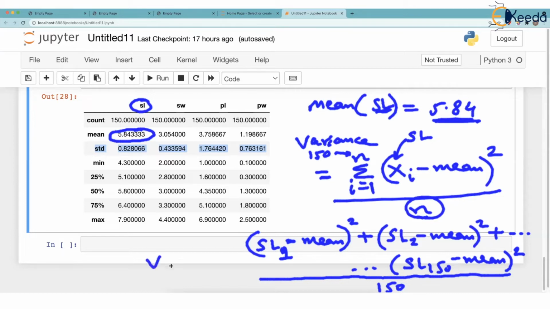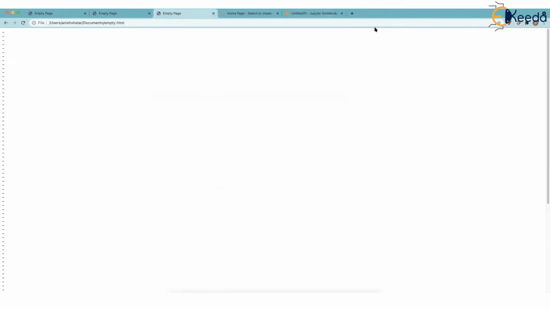This is variance. Very simple formula, and it has a very interesting meaning.